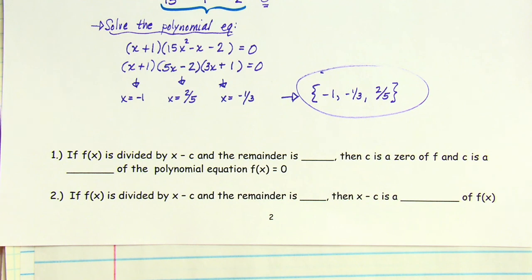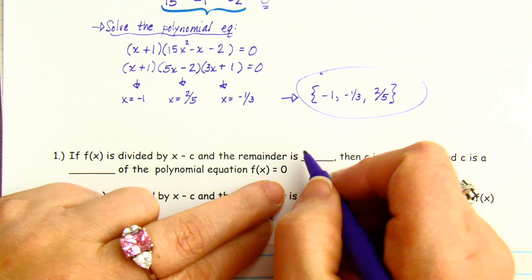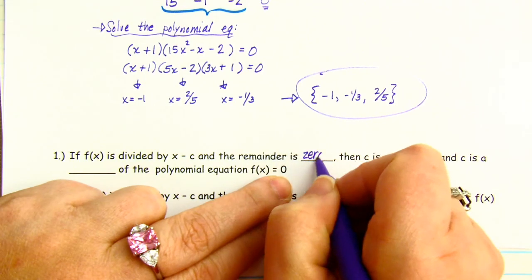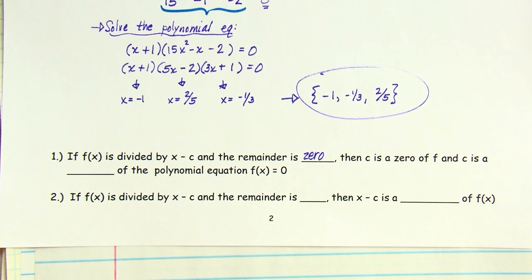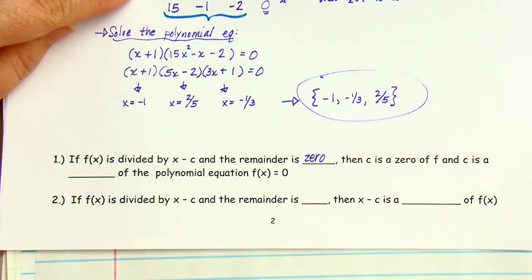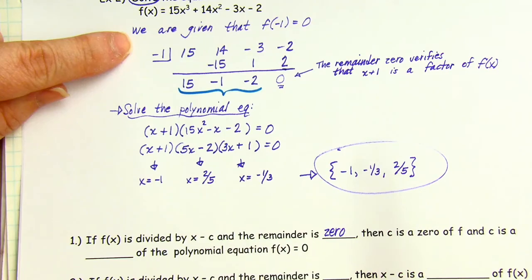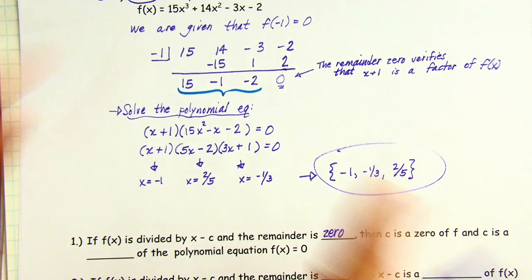All right, bottom here, number 1, number 2. If f of x is divided by x minus c and the remainder is 0, then c is a 0 of f. Let's look up here. c, -1, is a 0 of the function.